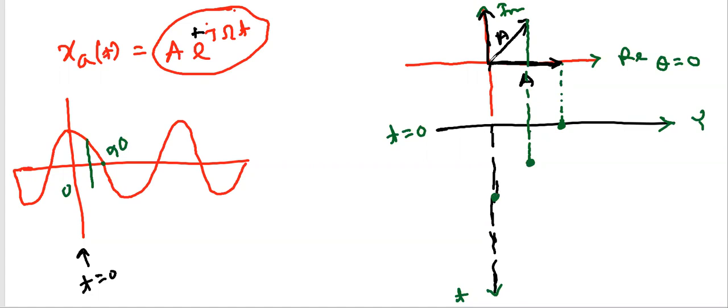Similarly, you can understand what will happen in this direction. At that moment, we are finding this value over this. What will happen when it is in this direction? It will give you the maximum value in the negative direction.